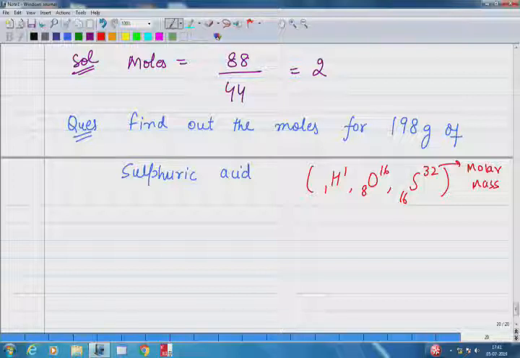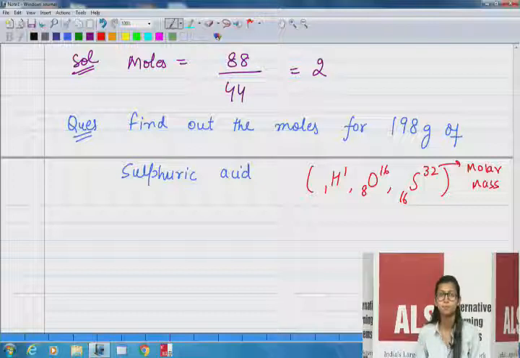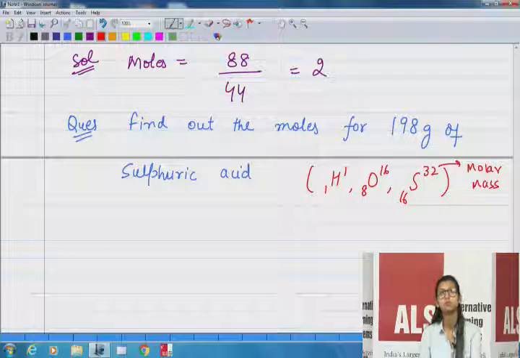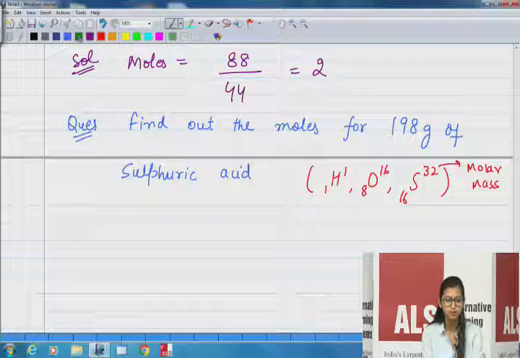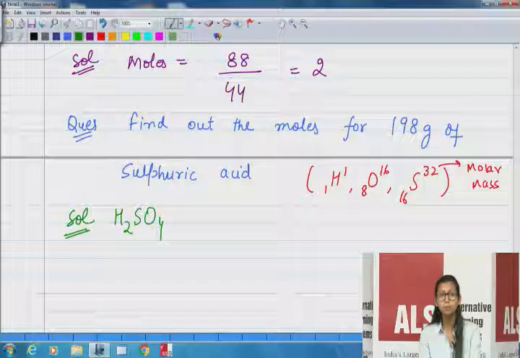What is the answer? What is the formula for sulfuric acid? You people know that, right? H2SO4 is your sulfuric acid. So first of all, you have to find out the molar mass of sulfuric acid, okay?